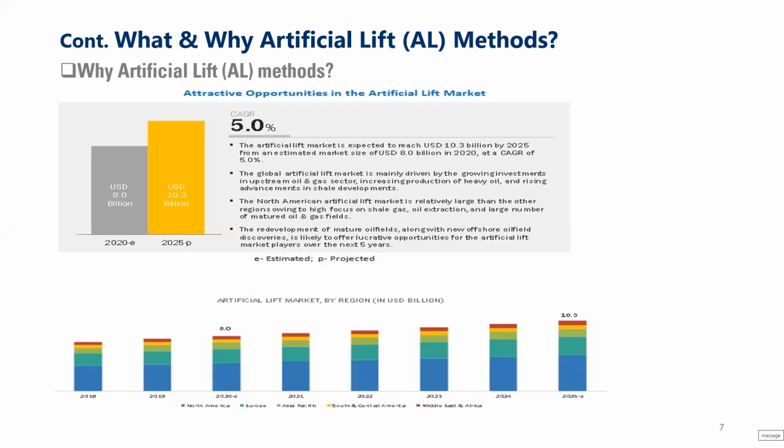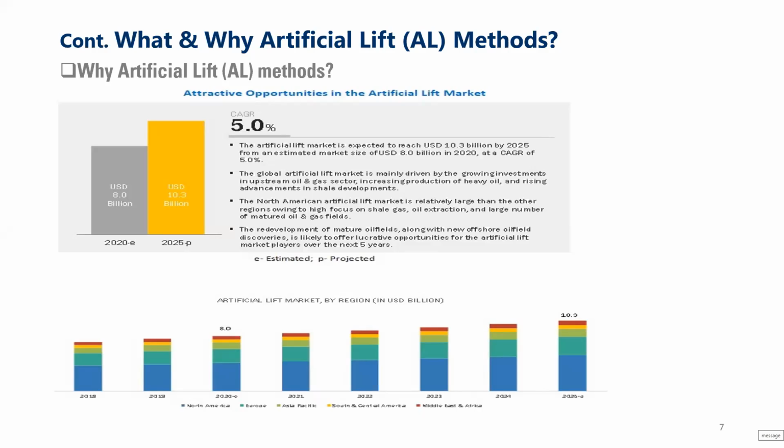The global artificial lift market is mainly driven by growing investments in the upstream oil and gas sectors, increasing production of heavy oil, and rising advancement in shale developments. And in North America, the artificial lift market is relatively larger than in other regions owing to the high focus on shale gas and oil extraction and the large number of matured oil and gas fields, right?